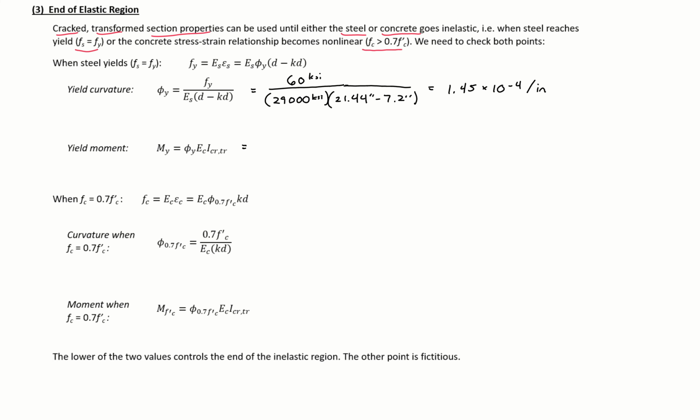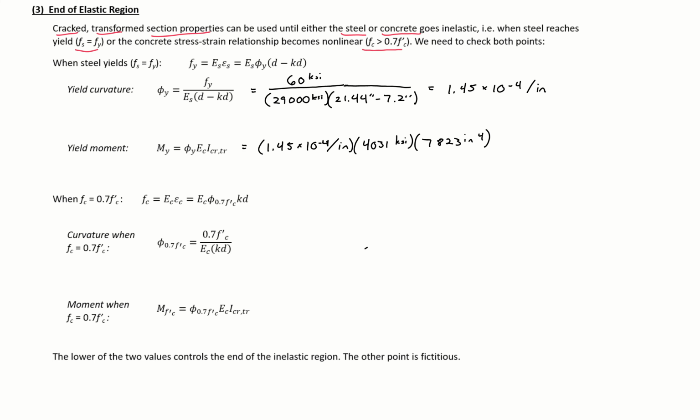We can use this and our curvature equals M over EI expression, rearranged, to find our yield moment, which will be 1.45 times 10 to the negative fourth radians per inch times our Ec, 4,031 ksi, and our I cracked transformed of 7,823 inches to the fourth.